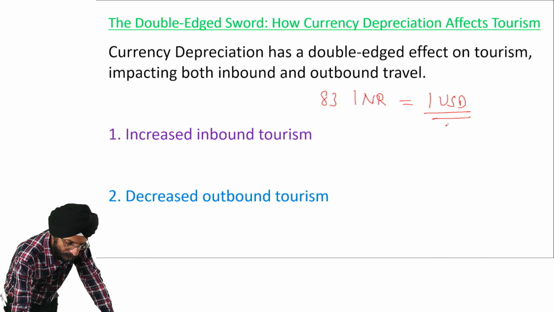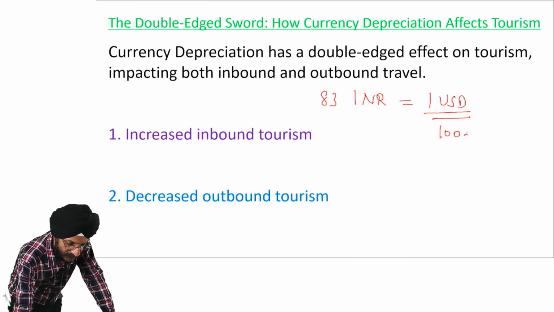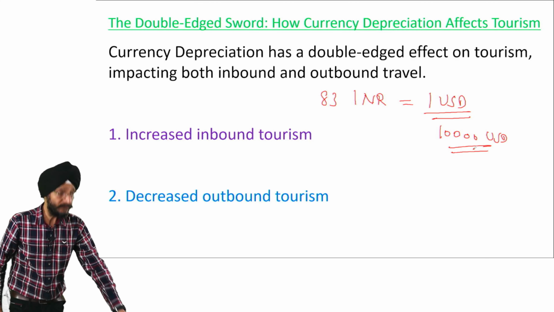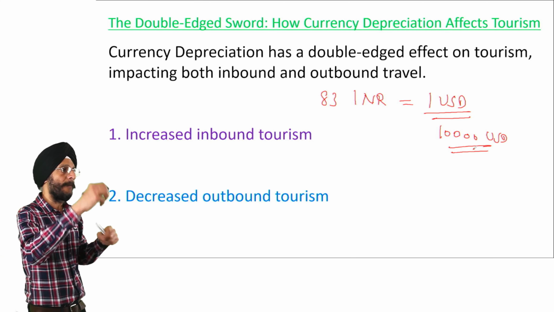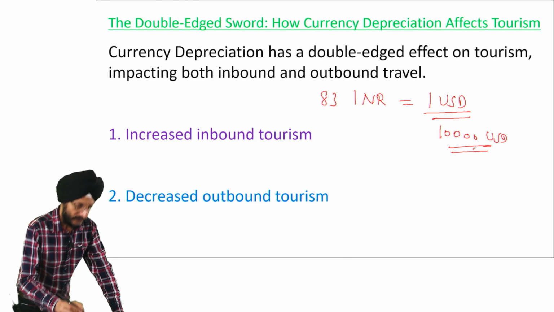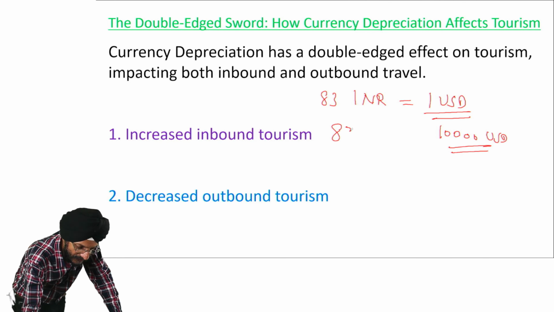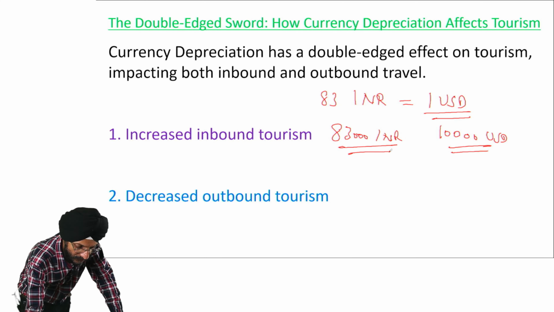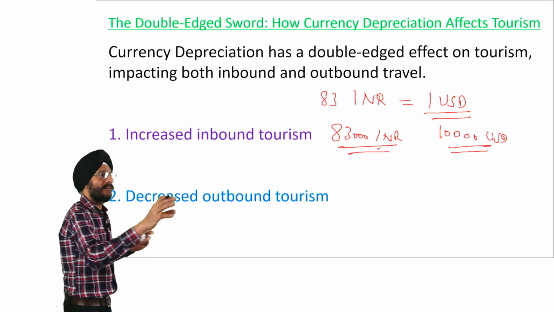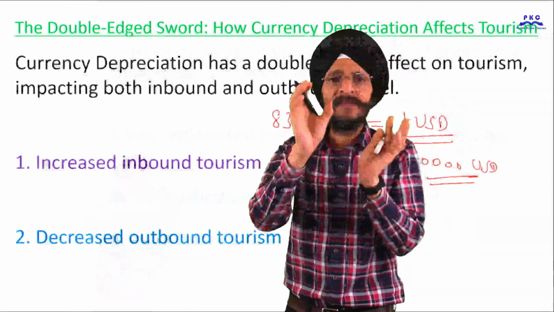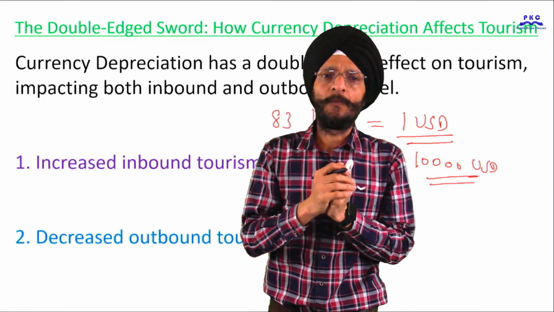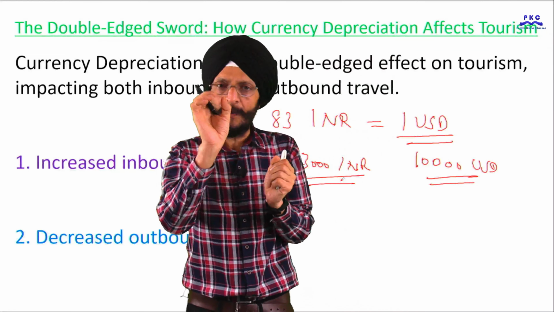They want to spend, say, 10,000 US dollars. So, if they come to India today, they may get 83,000 Indian rupees. At the current rate, we are approximately taking the value of the Indian rupee. The exchange rate is an approximation.